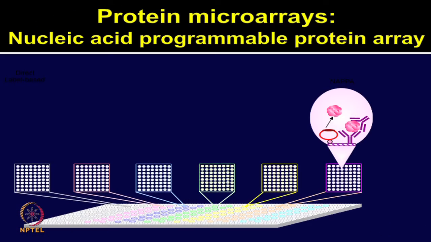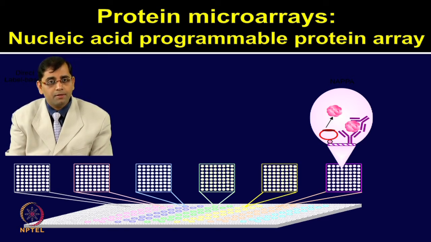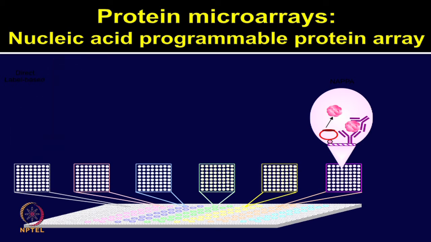Due to the challenges involved in purifying proteins or synthesizing peptides, scientists have also explored ways to eliminate protein purification steps. Dr. Joshua LaBaer's group at Harvard developed nucleic acid programmable protein arrays, or NAPA, in which cDNA containing a GST tag is printed on the array surface.